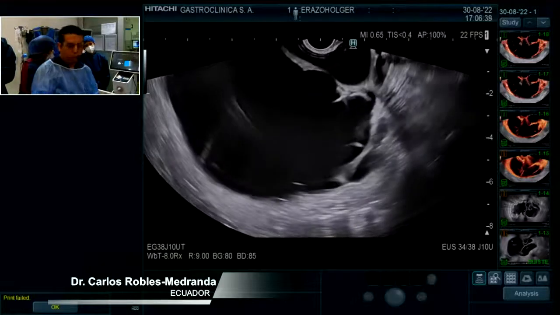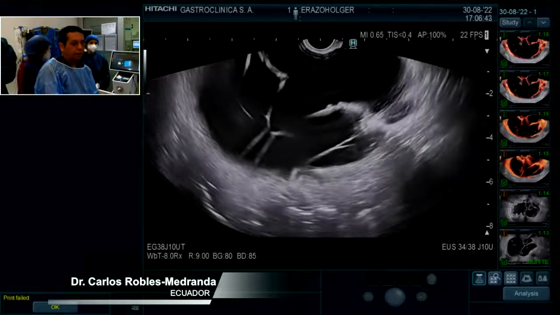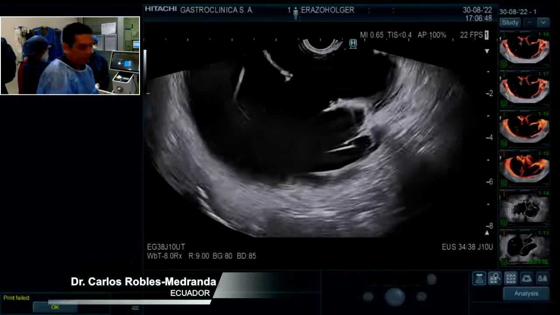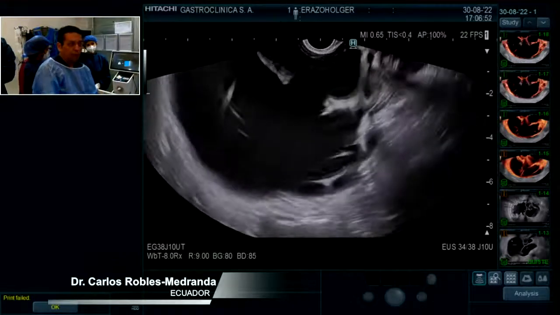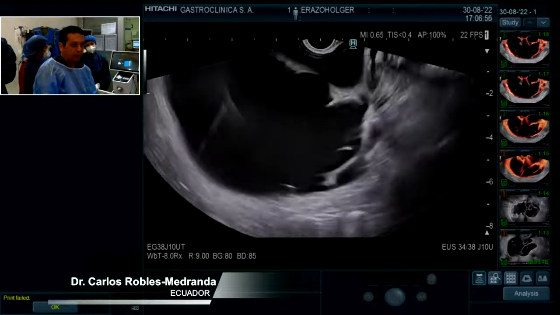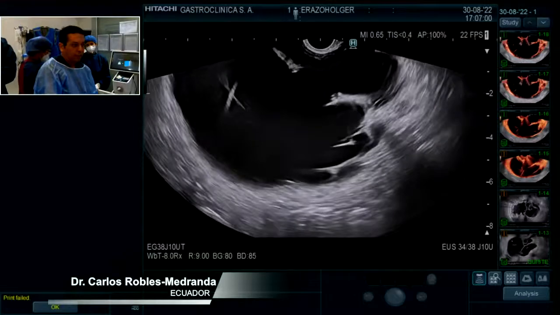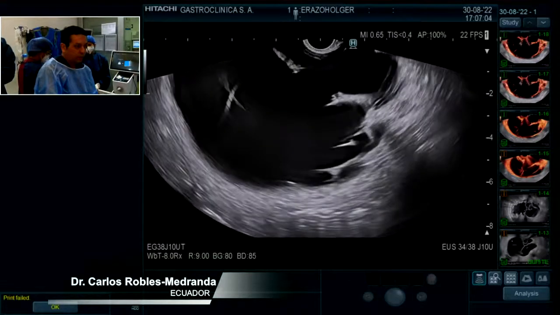The other thing that we have, with high sensitivity and specificity, is confocal endomicroscopy. There is a paper that we performed with many other centers, and we have very good results, and it's also something that you can use if you have it in your units.